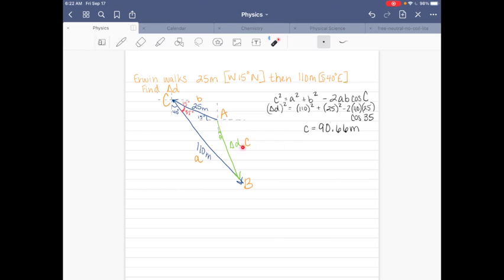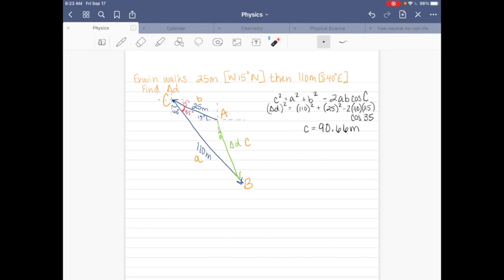So that is going to be the magnitude of my displacement, but now I need to find my direction. Since I have this side and this angle, I can use it to find this whole angle in order to solve for my direction.